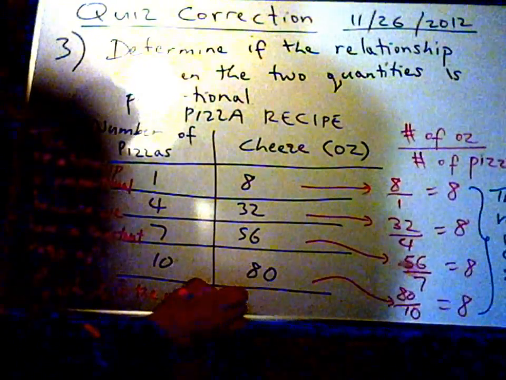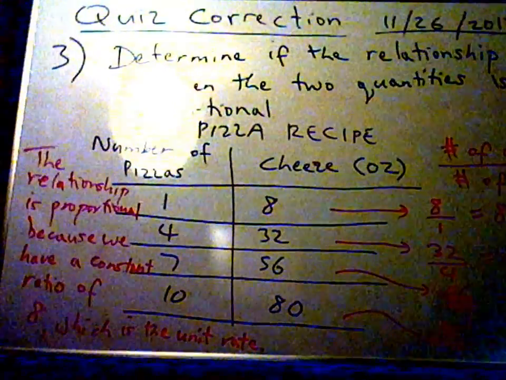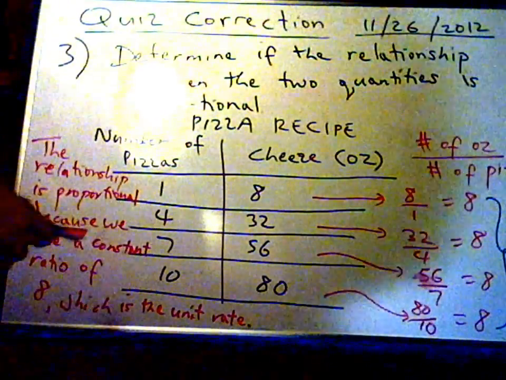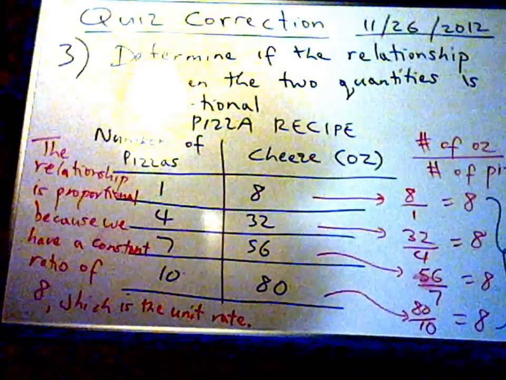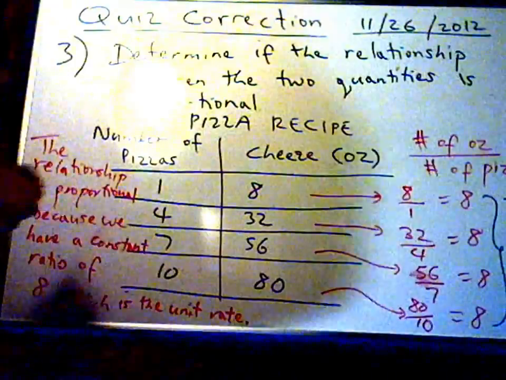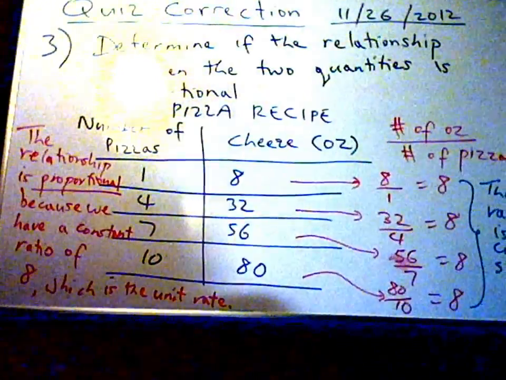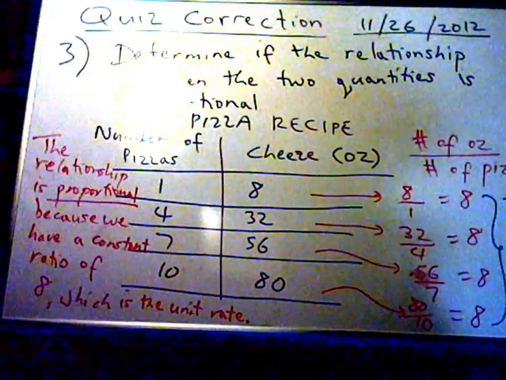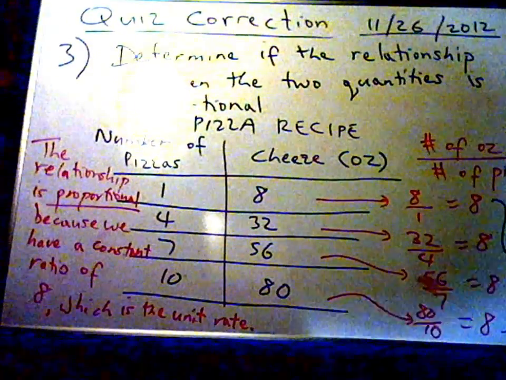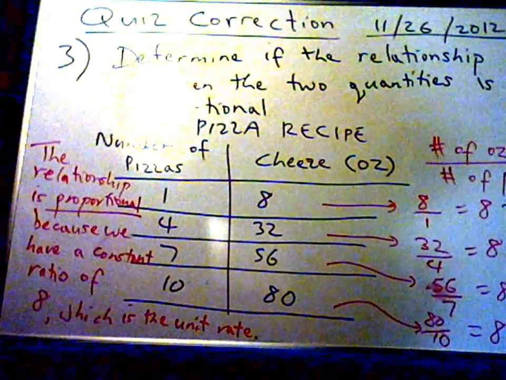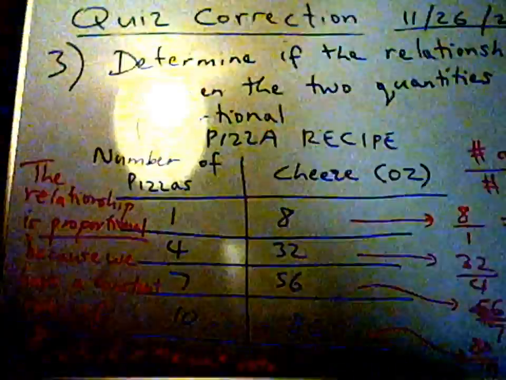A lot of you made the mistake of trying to do a graph without a proper scale, and then you ended up getting that it wasn't proportional, but the relationship is proportional because there is a constant ratio. In this case, this constant ratio gives us a unit rate of 8 ounces per pizza.